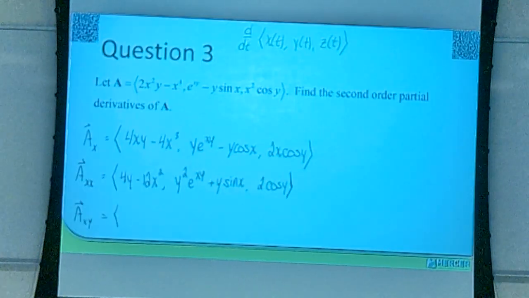But now we have to do with respect to y. So start with the ax and take the partial with respect to y. Yeah, so it's on the other side of y. 4x, right? Second component, we're going to have to use the product rule.